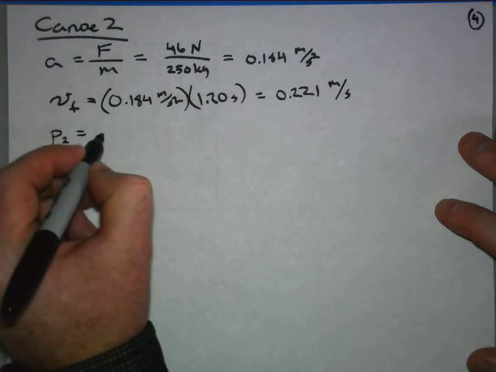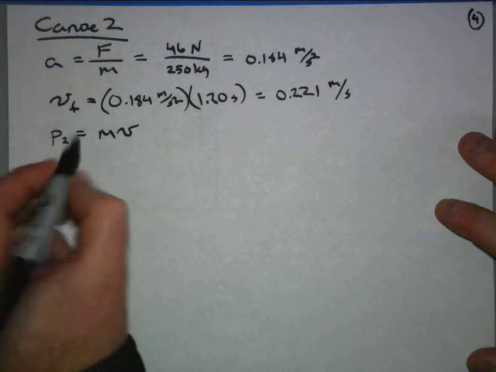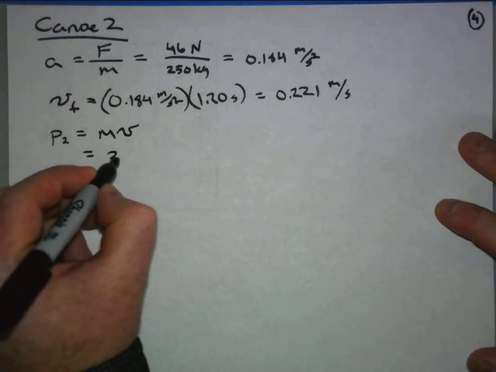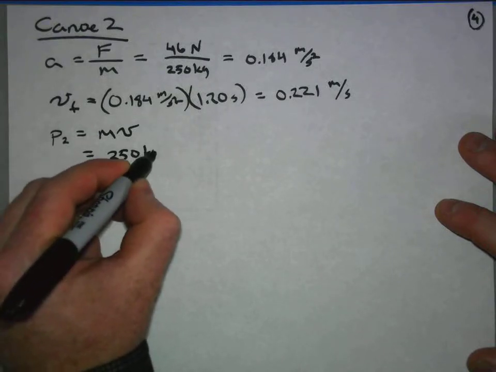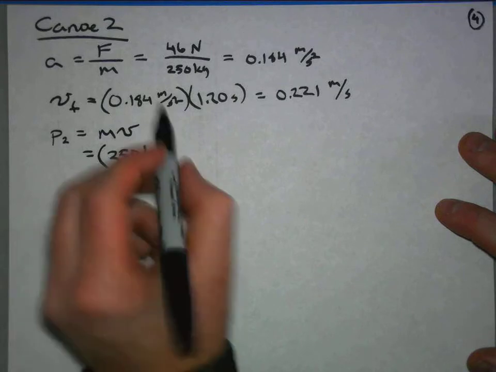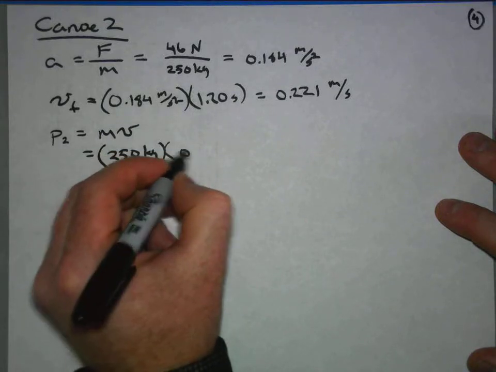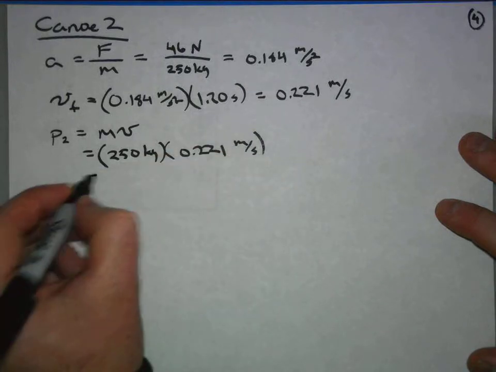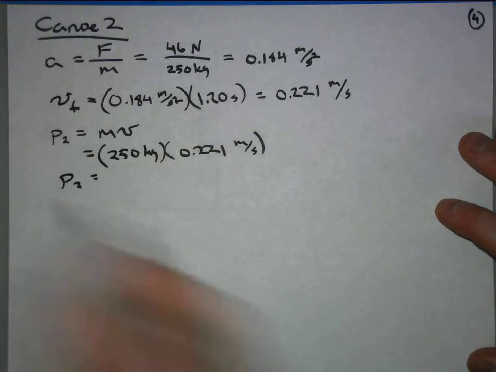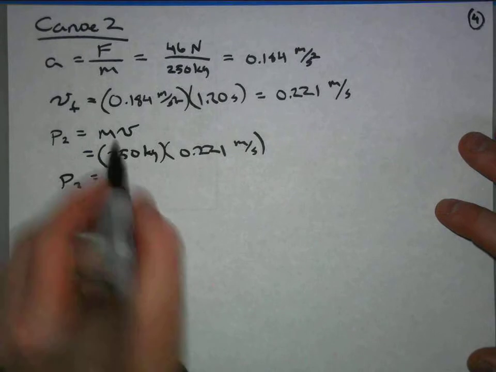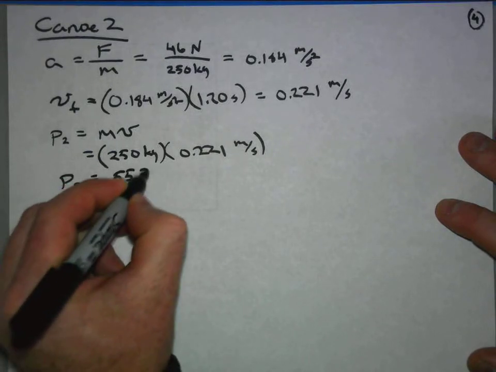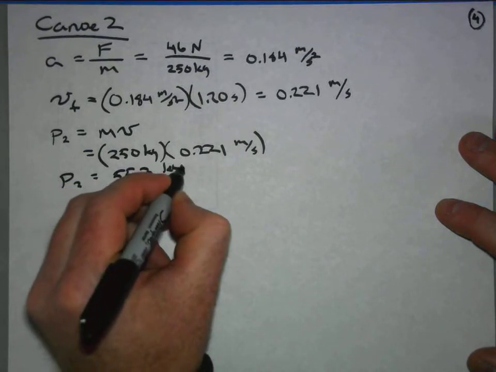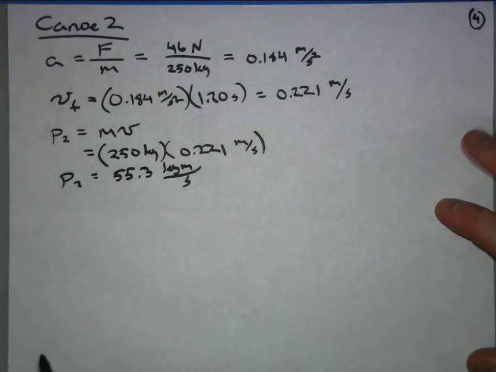I simply use, again, mass times velocity, and so the mass is 250 kilograms, and the velocity is 0.221 meters per second. So the momentum of canoe 2, I get 55.3 kilogram meters per second.